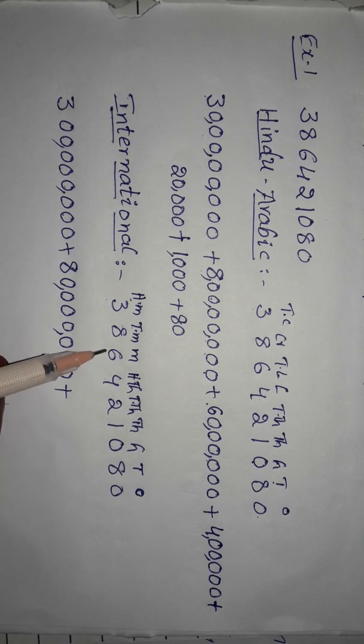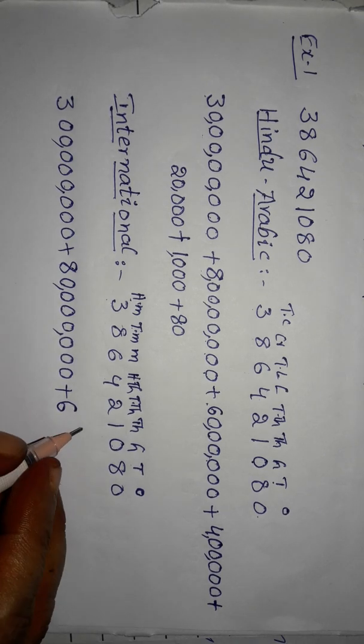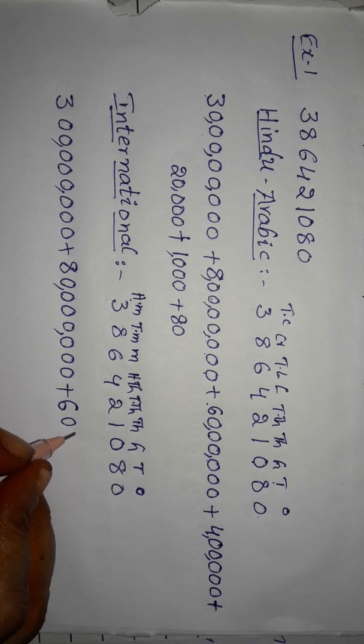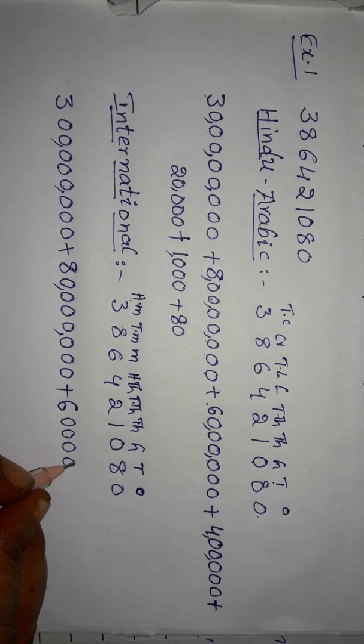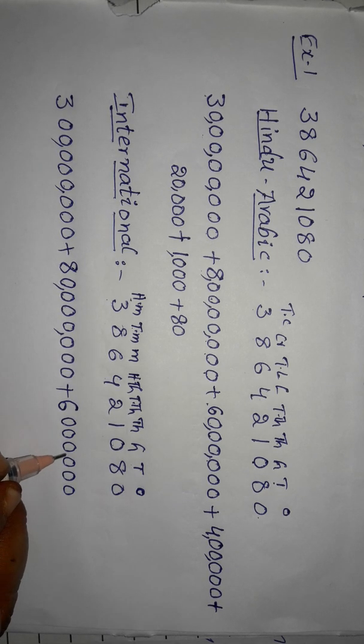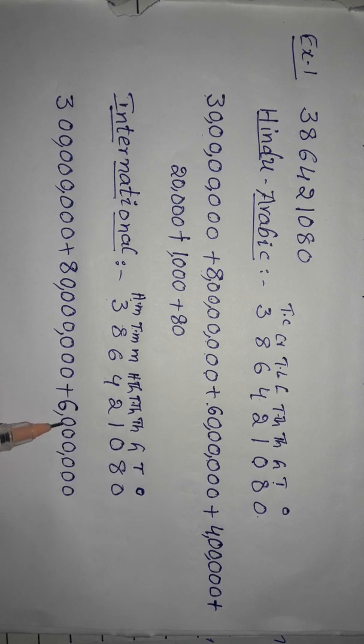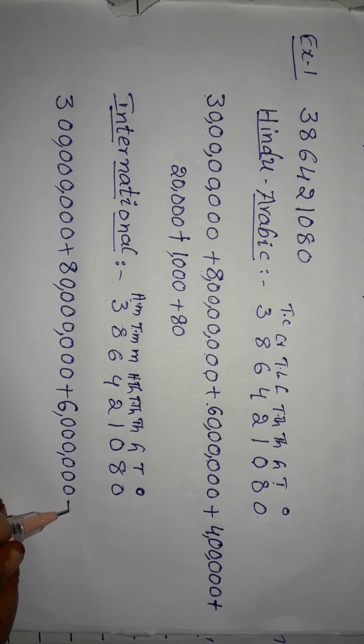After that, 6. In which place is the 6 digit? Millions place. So 6 millions. How many zeros? 1, 2, 3, 4, 5, 6 zeros. Commas. Ones, tens, hundreds, thousands, 10,000s, 100,000s, millions. 6 millions. Completed.